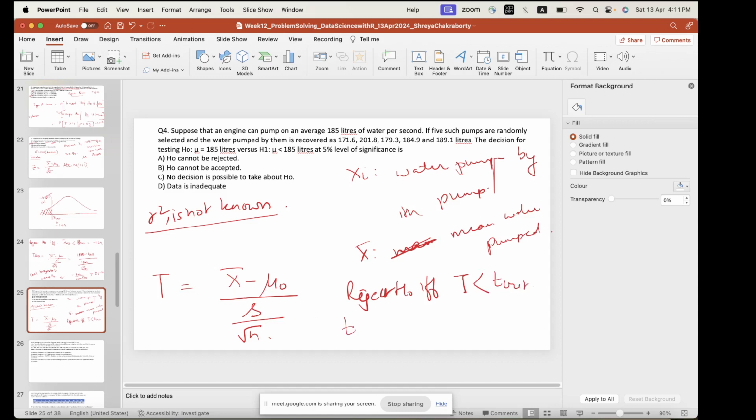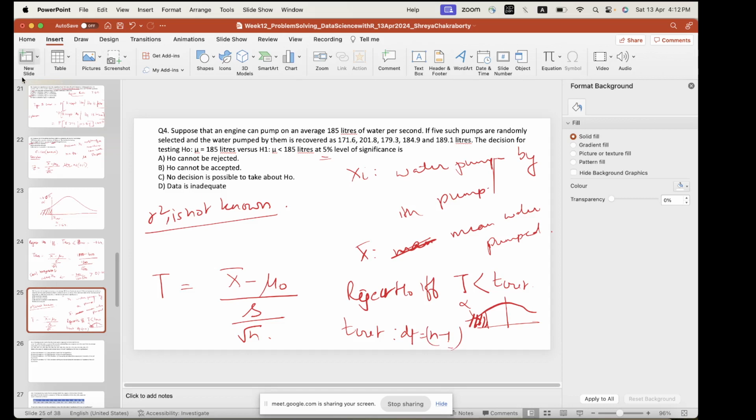And what will be T critical? This should be that point in the T distribution such that the area below is alpha, which is 5%. And T critical DF will be n minus 1.